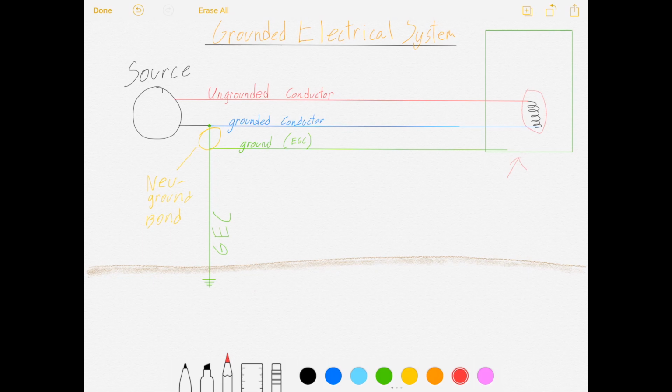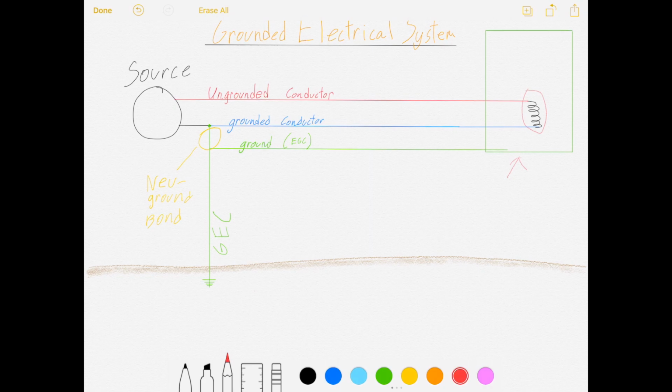So just remember, any component that is conductive, such as a metal enclosure or conduit, if it can be touched during normal operation, it must be grounded through our equipment grounding conductor, which connects back to our grounding electrode conductor, and which then connects to the earth.